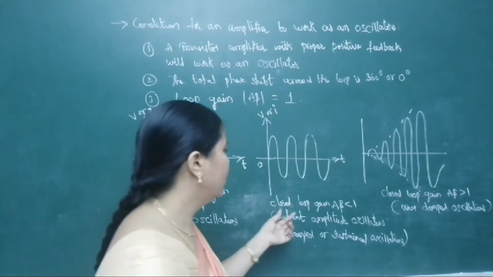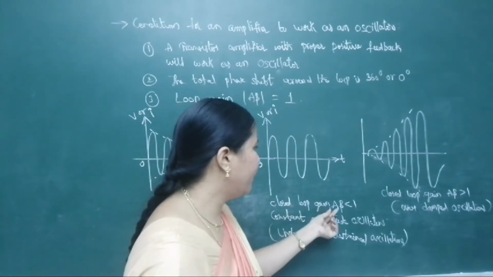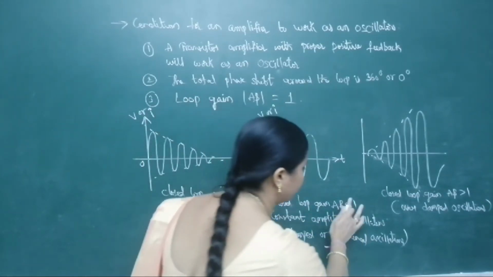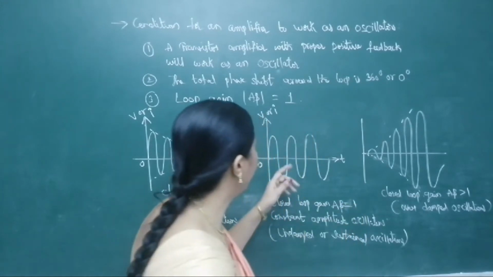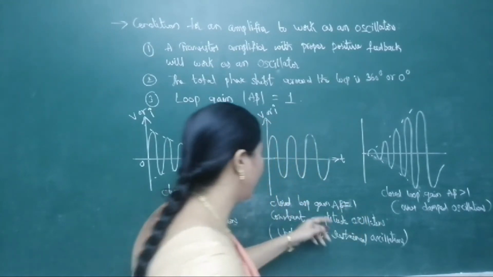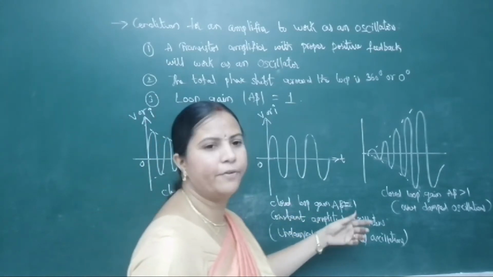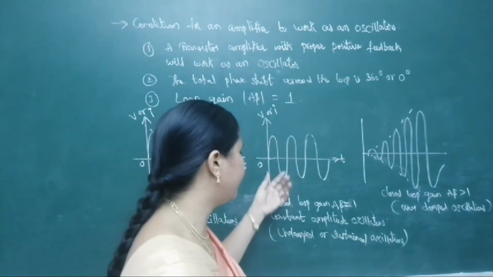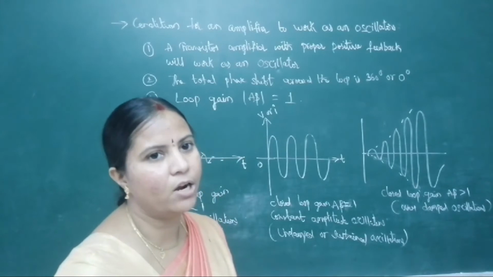If the closed loop gain A beta is equal to 1, you will get constant amplitude and frequency of oscillations. That's why it is named undamped or sustained oscillations.